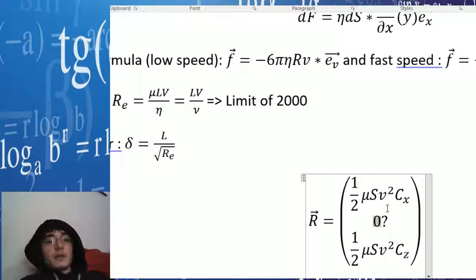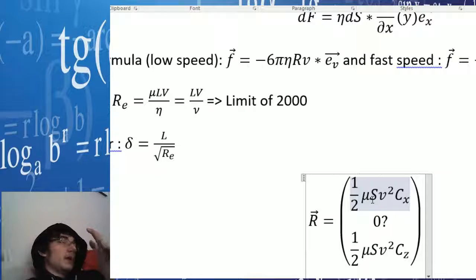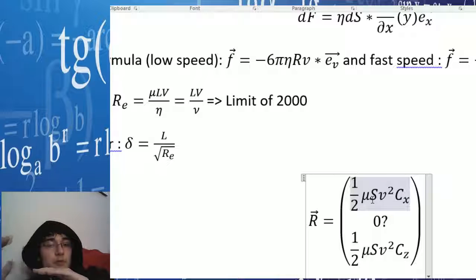Yeah, so it's this formula: 1/2 of mu, where mu is the volumic mass. S is the surface of meet, not meat like the ham, meet like the surface where air meets the plane. Obviously, it's not going to meet on the back.